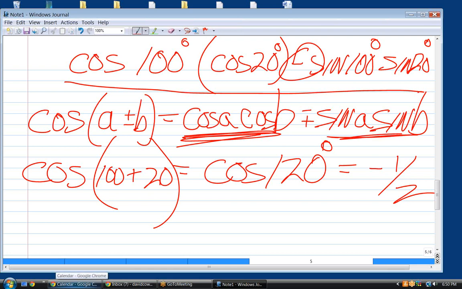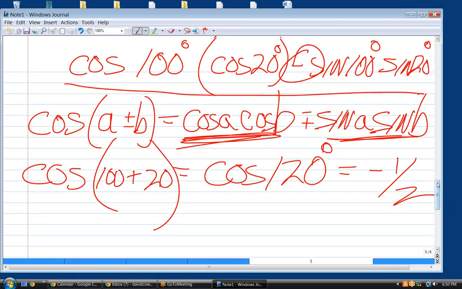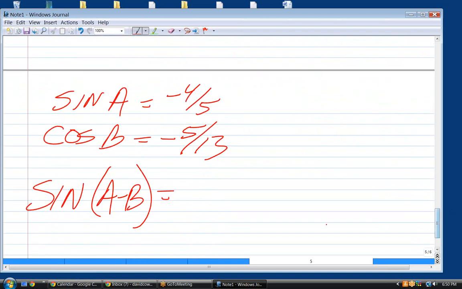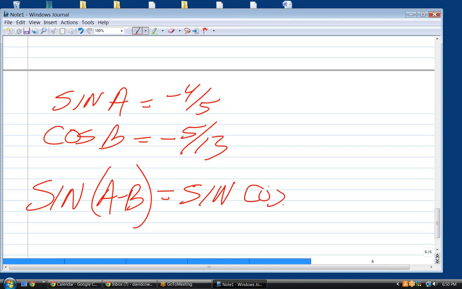Piece of cake. Well, sine has got sine, cosine, same sign, sine, cosine. In other words, they both have two sines and two cosines in them. Now, the only question is does the A go there and the B go there? Yes. And then the B goes there and the A goes there.